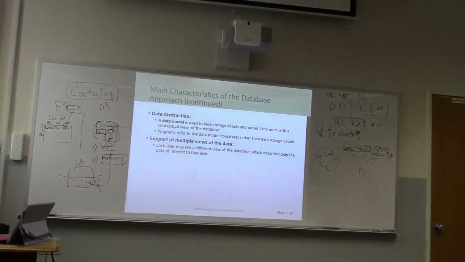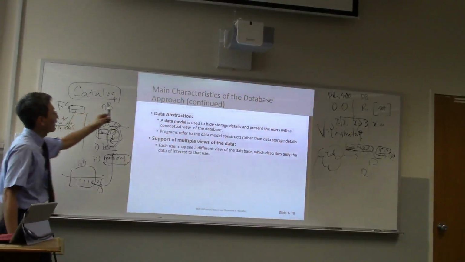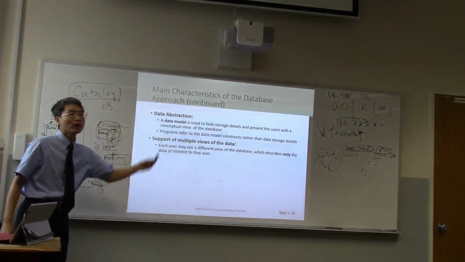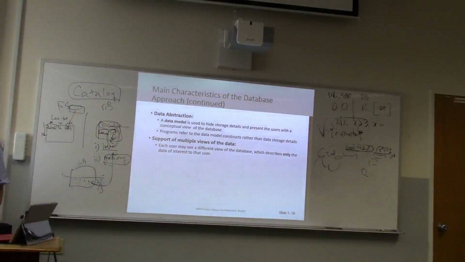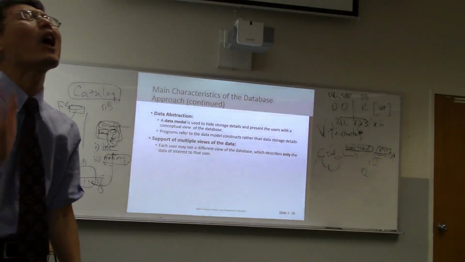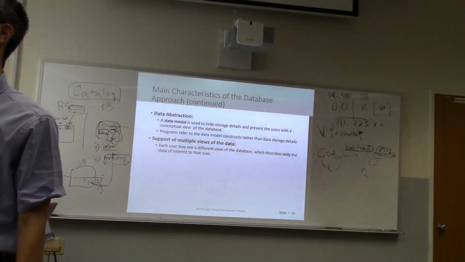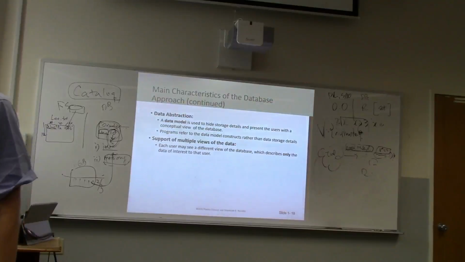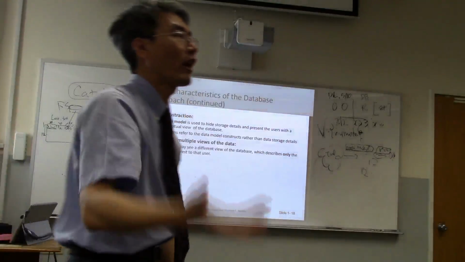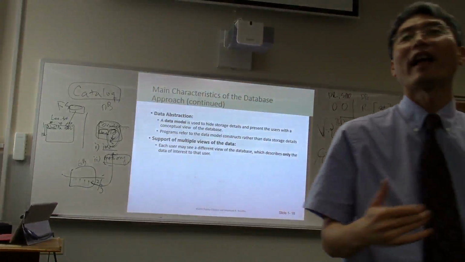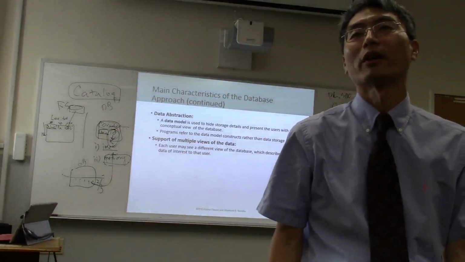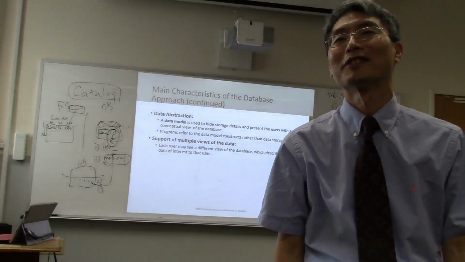So that is called data abstraction. When you are using the database, you don't have to worry about where data is stored or how data is stored. Who is in charge of such things? The DBMS itself will take care of everything. It's like when I ask the GA to increase the performance of the student system. Then that's it.